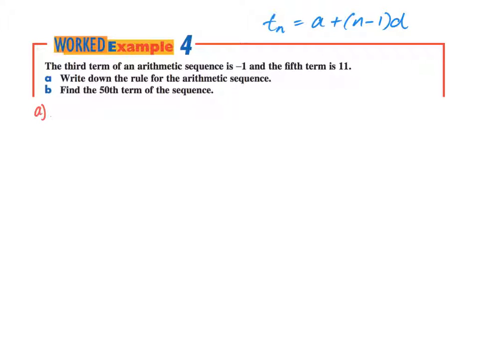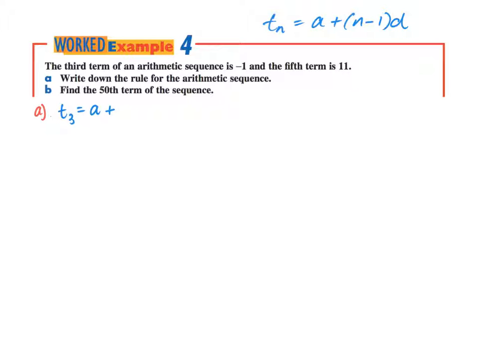So if we notice the information that's been given to us, it says the third term of an arithmetic sequence is -1. Automatically from this, we know that n is equal to 3. If we go ahead and use our rule, a is unknown, which is the first term.